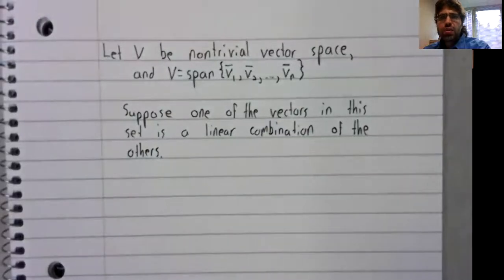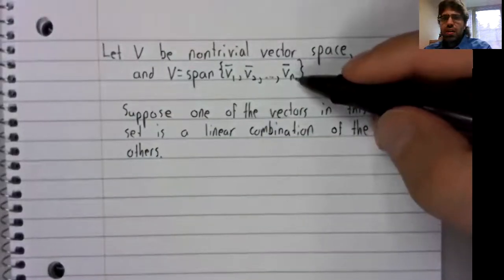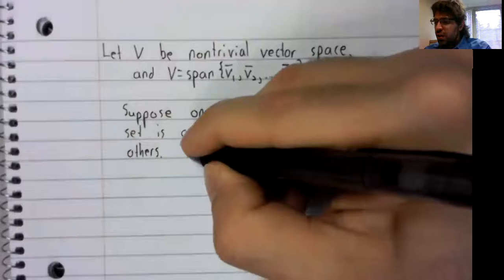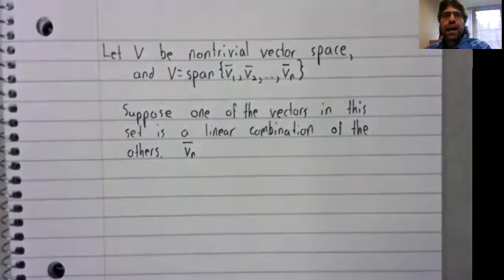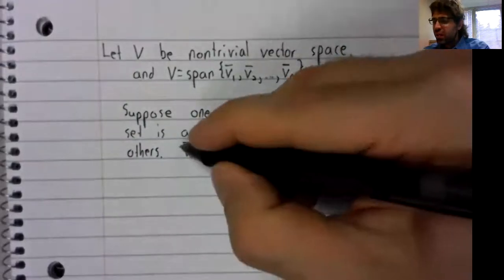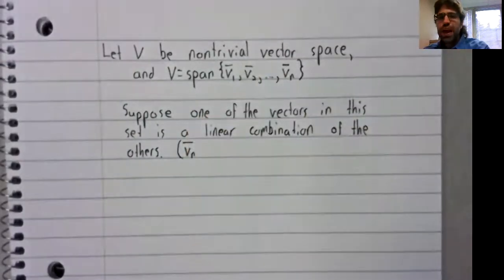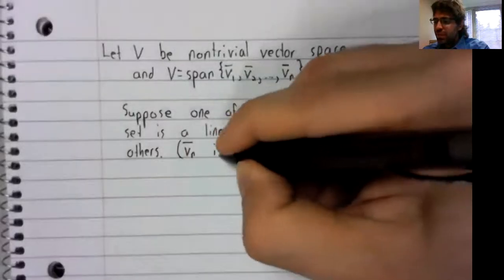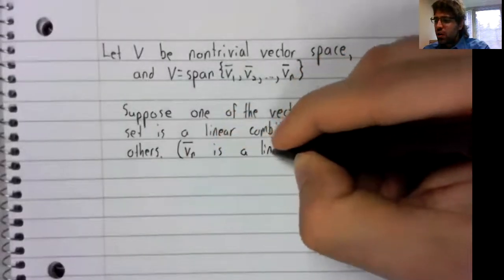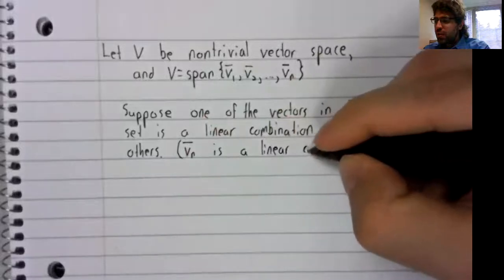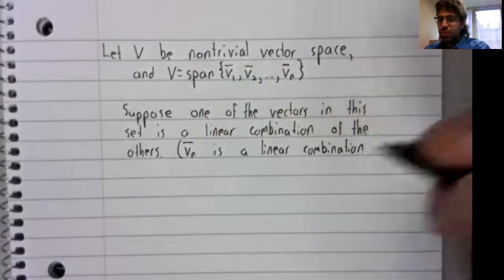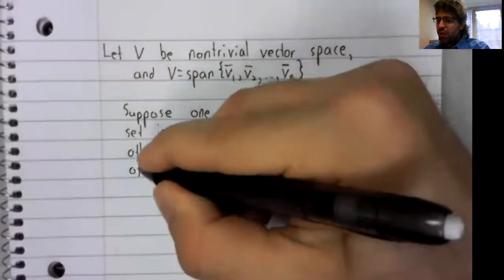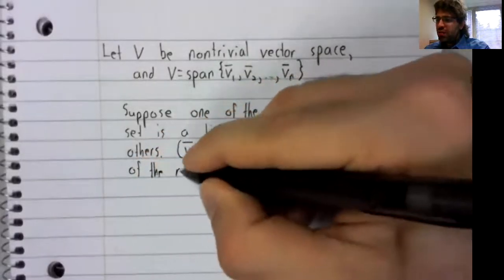Now, in the textbook, we're specifically assuming that the last vector in this list, V sub n, is a linear combination of the rest.